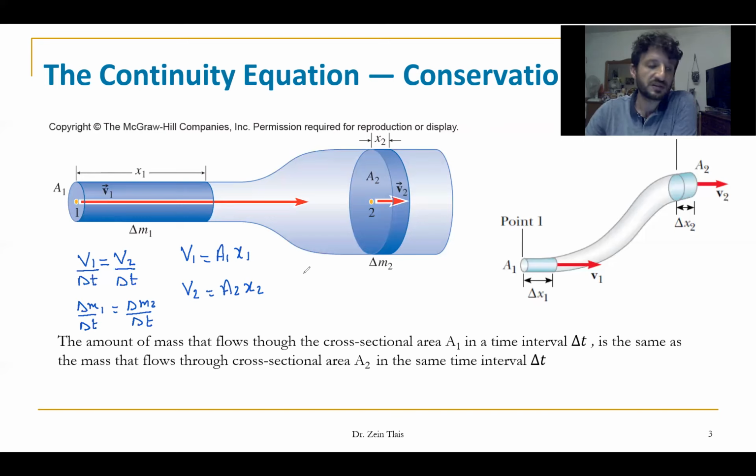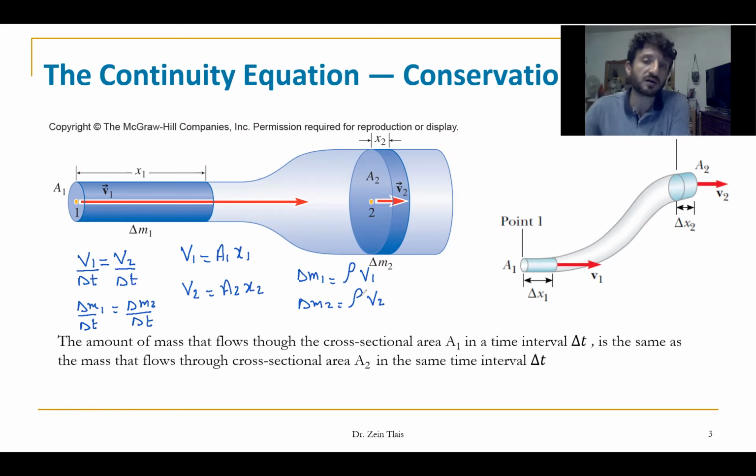And also delta M1, you know the density equals M divided by V. So M equals the density times V. So we can write delta M1 equals the density times V1, and delta M2 equals the density times V2.